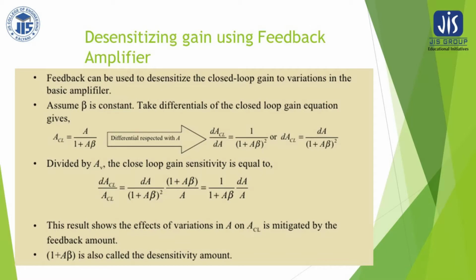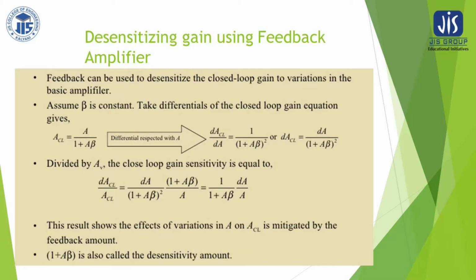The next topic is how we are desensitizing the gain using feedback. We already have seen that using feedback we can write AF equal to A by 1 plus A beta.